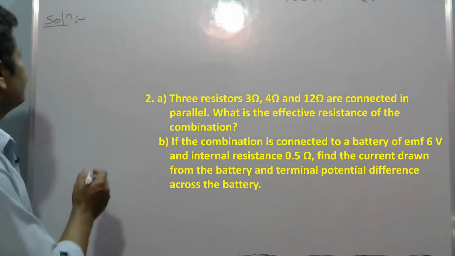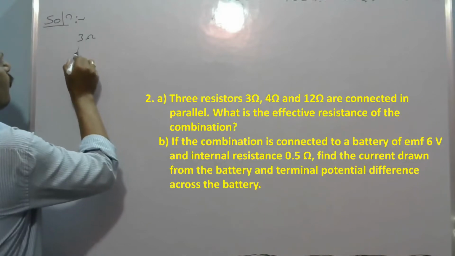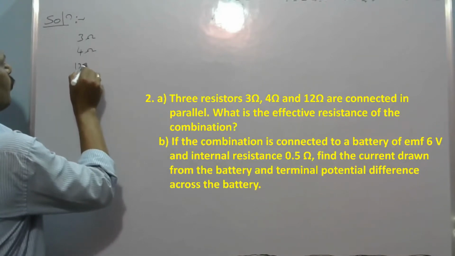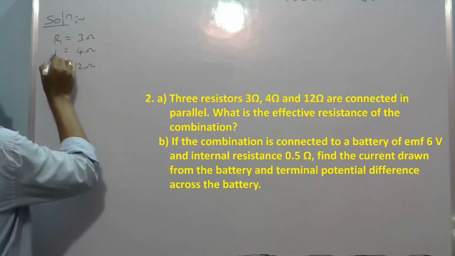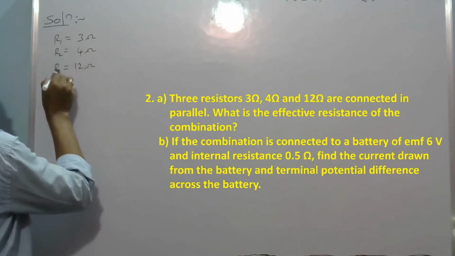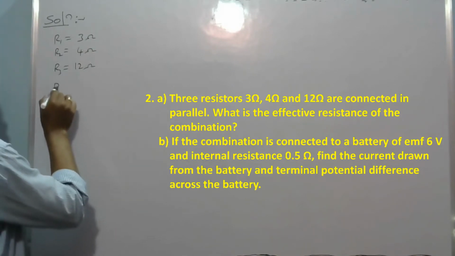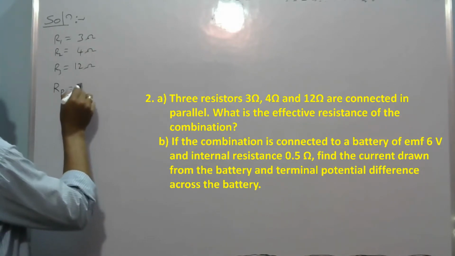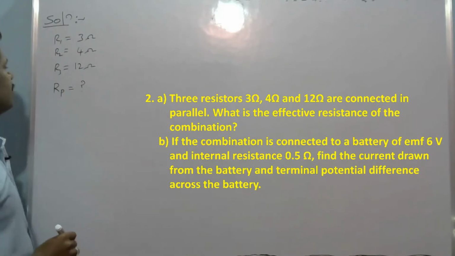In this problem, there are three resistances, 3 ohm, 4 ohm and 12 ohm, which are connected in parallel. Let me consider them as R1, R2 and R3. We need to find out the effective resistance RP.